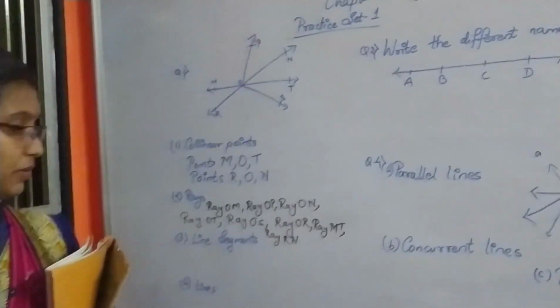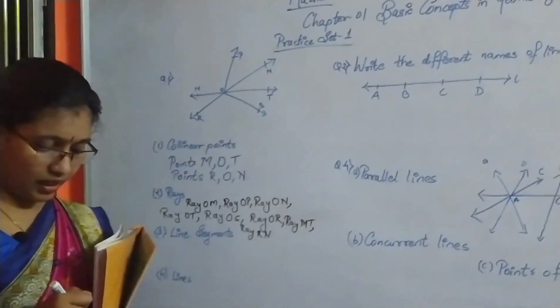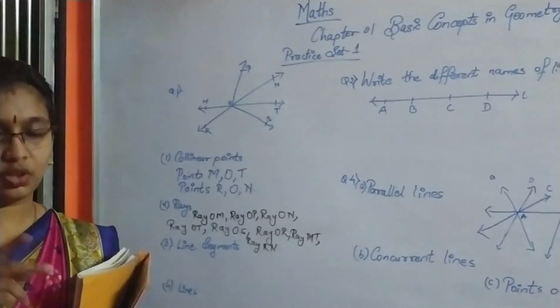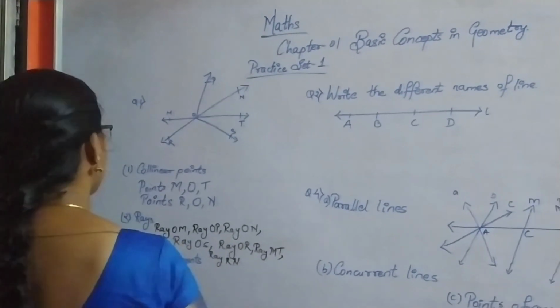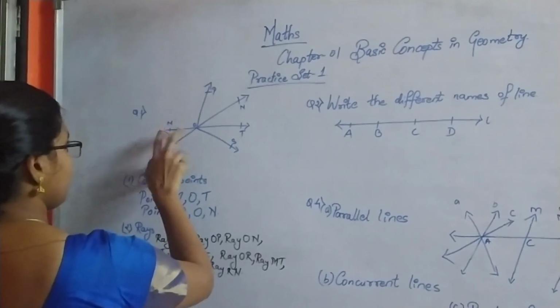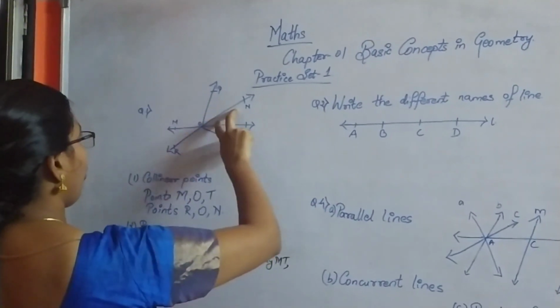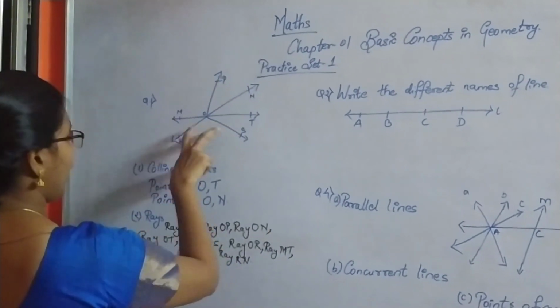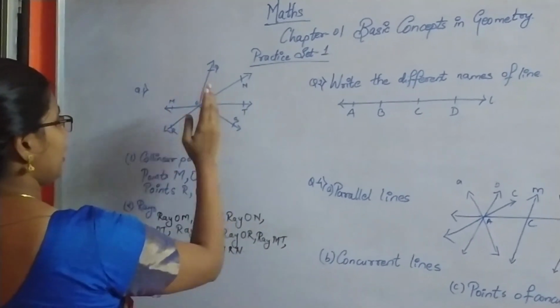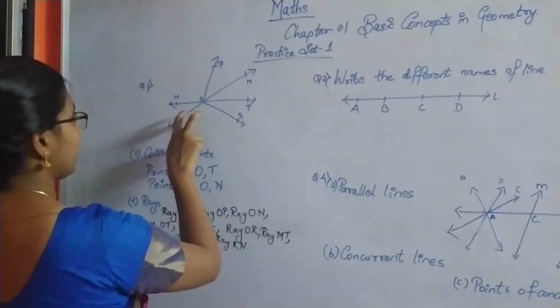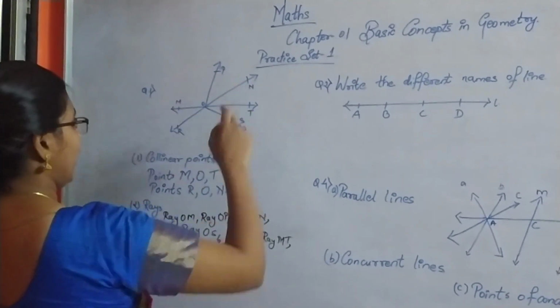Next, line segments. Line segments means I need to have 2 dots on either side. So here my line segments will be OM, OT, ON, OP, OS, OR. Apart from that, MT. If I remove the arrows, I have 2 points MT. I have RN also.